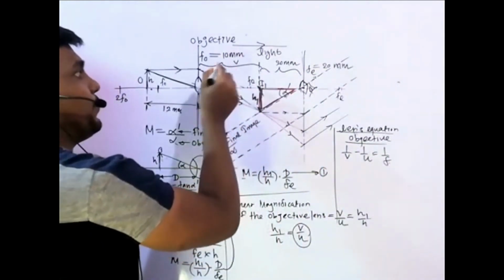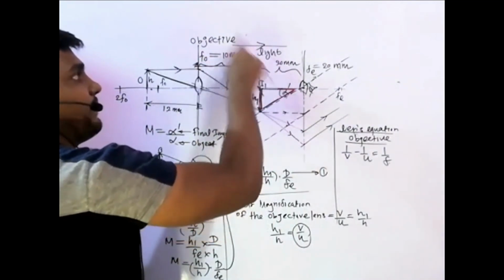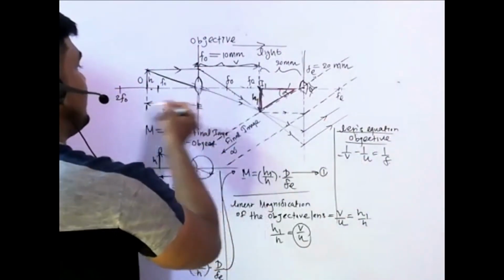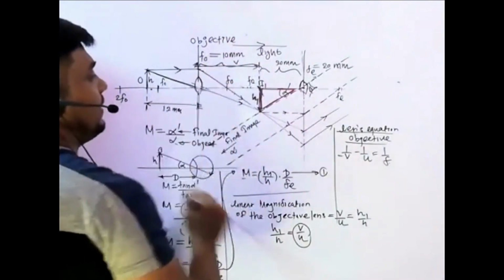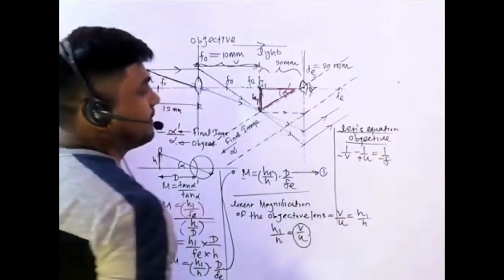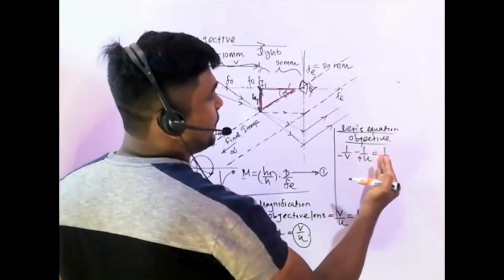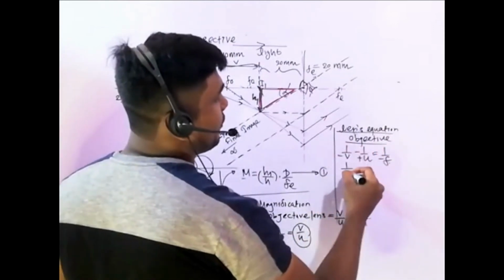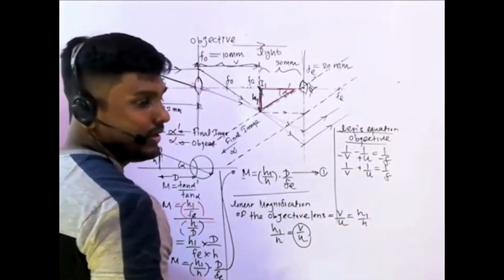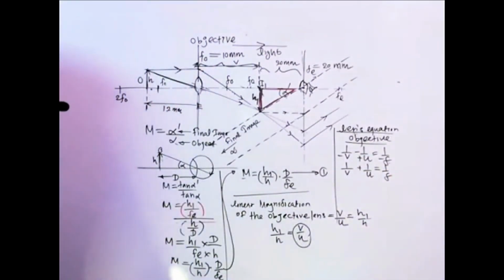V is measured in the direction of the light, therefore V is minus. U is measured opposite to the direction of the light, therefore it's plus. Normally a convex lens's focal length is minus. Therefore minus 1 over V minus 1 over U is equal to minus 1 over F. You can cancel out all the minus terms, and you get 1 over V, 1 over U, 1 over F. Now my target is to generate V over U.